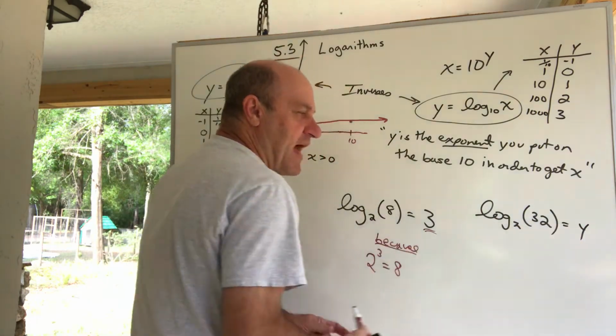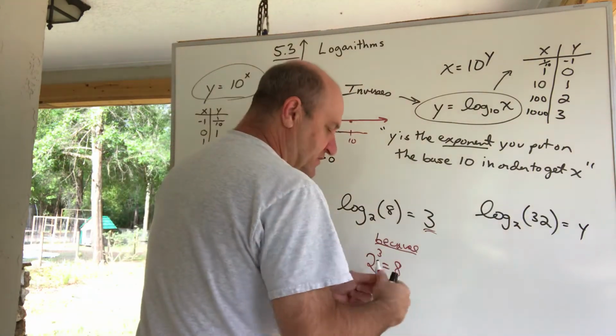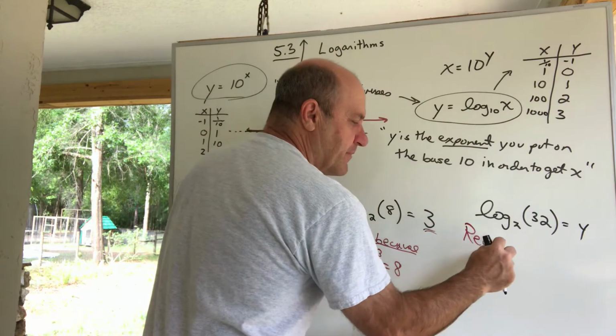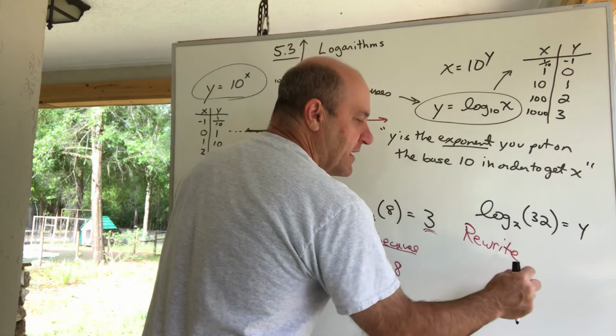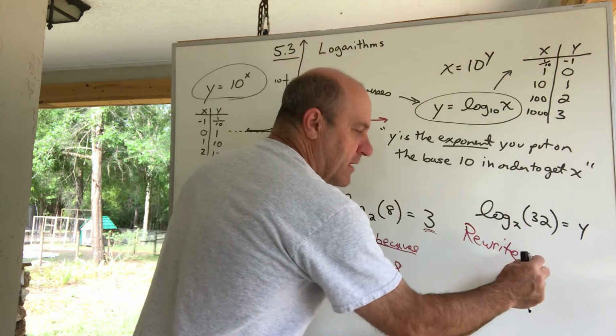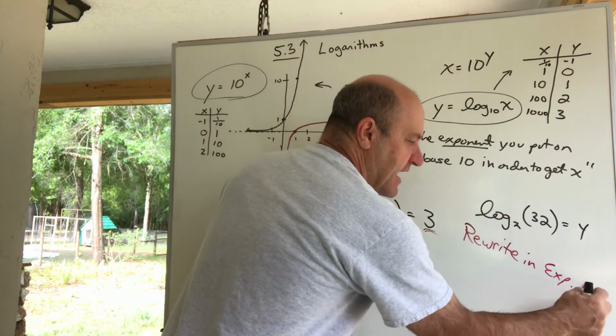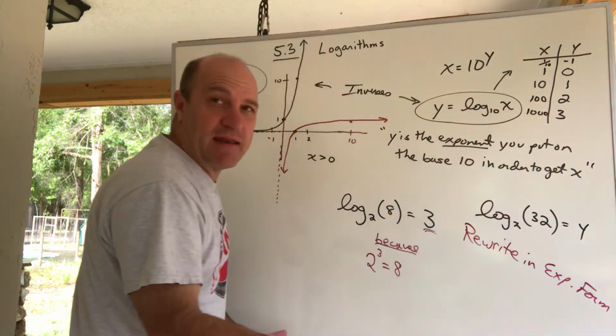Let's say we don't know the answer, so it helps to rewrite the logarithm in exponential form. You might have some homework that does that, and it helps you think about it and solve it.